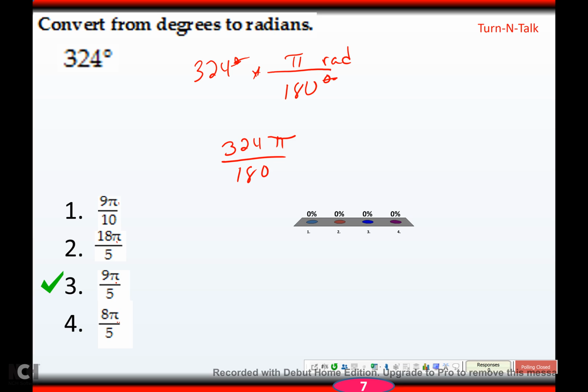You can, or 3.14, but if you use rounded versions, it makes your answer less and less accurate. 324 divided by 180 gives 1.8, but I'm not going to do that. This reduces down to 9/5. So it's 9 pi over 5.